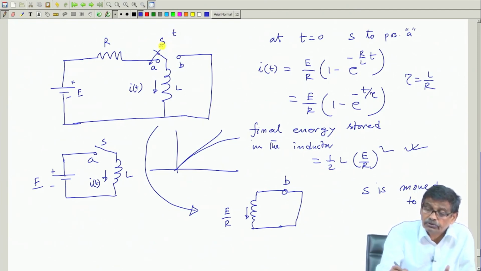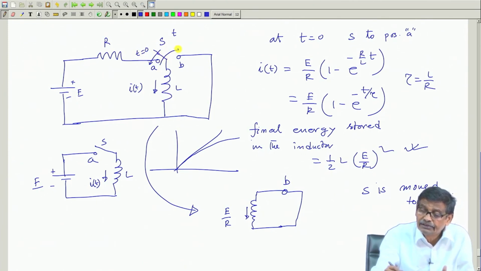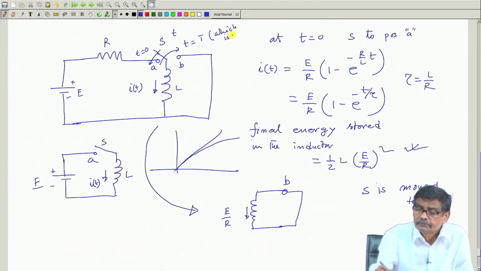Charge the inductor, then move this to this. So, this switching is done at t equal to 0, then the next switching A to B you do at say t equal to t, after sufficiently long time.